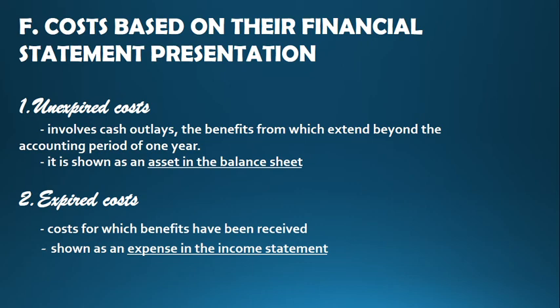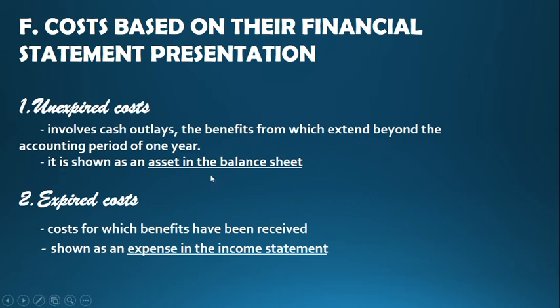So meaning, si unexpired cost is any cost that has not yet been charged to expense because it represents some residual value. Under sa matching principle ng accounting, ang isang unexpired cost is maintained on the books as an asset until the associated revenue is recognized, at which point the asset is charged to expense.